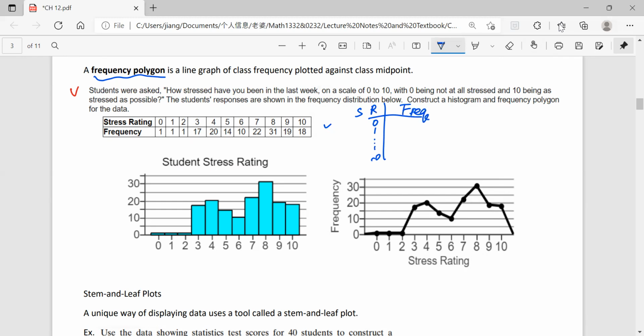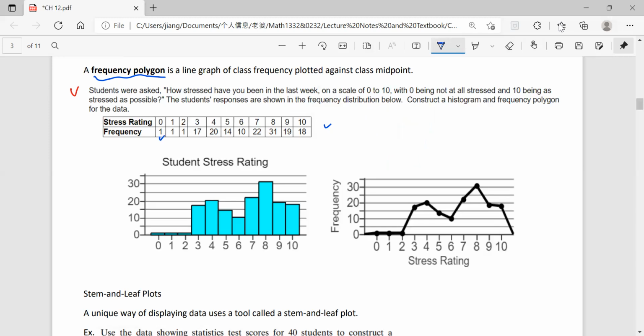And then this table, just move this on the first row, the frequency on the second row. So it's the same thing. So from the table, you will see, stress rating 0, we have 1 student.